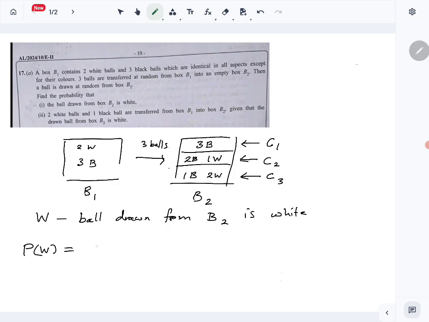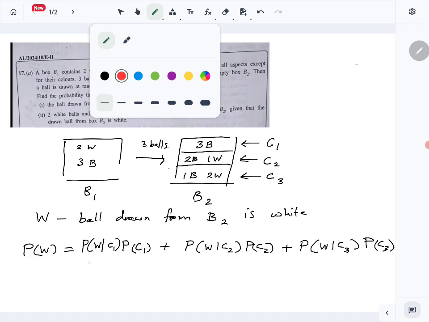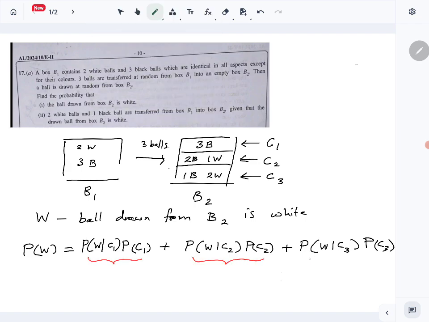So the first one is you draw it from case 1, then if it is from case 1, what is the probability of it being white? Similarly, next one is from case 2, and next one is case 3, right? So these can also be written as intersections.